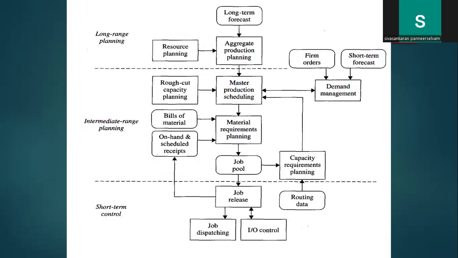Now let us go with the flowchart explanation in sequential order. There are three different types of planning divisions described in the flowchart: one is long range planning, the other is intermediate range planning, and the third is short term planning.